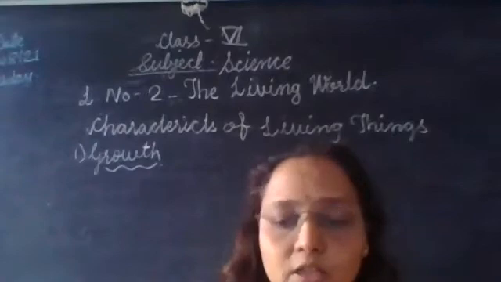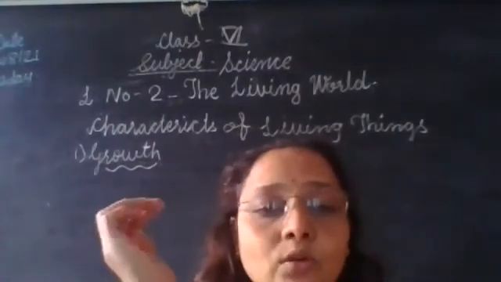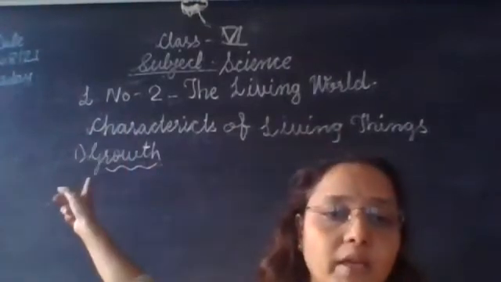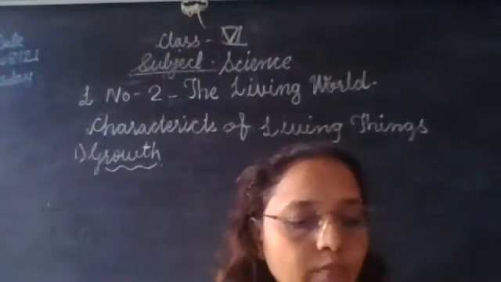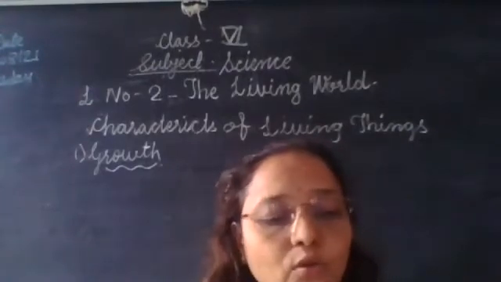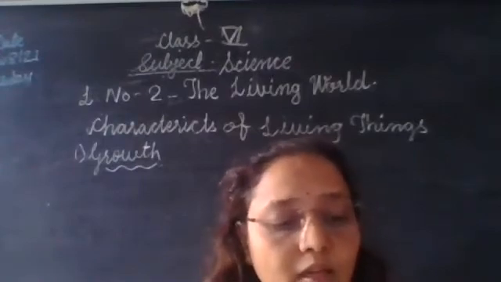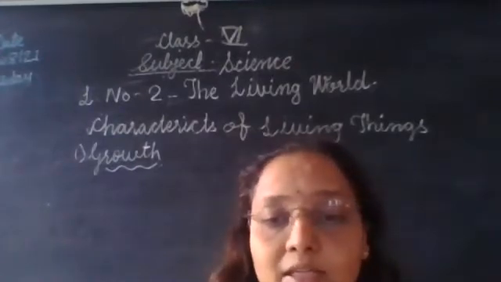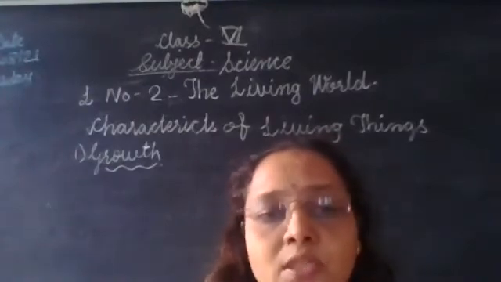Humans require 18 to 21 years for this growth. So growth is one of the main characteristic features of all living beings. You must have grown taller and stronger over the years. In other words, you have grown in size and intelligence also. All living organisms grow.